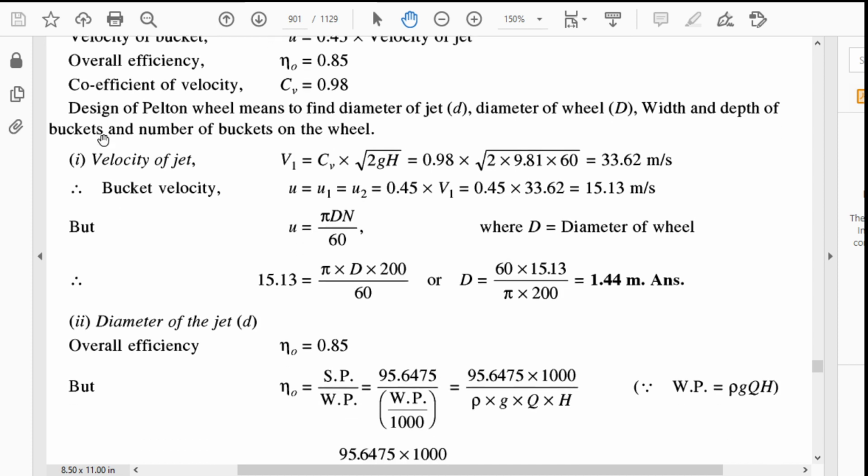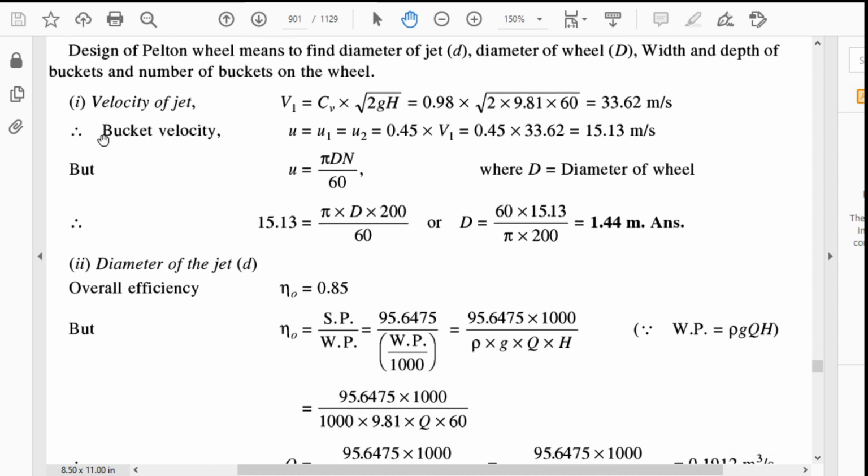This is the condition that they have given. So by using that condition, you can find u as 0.45 into v1, 0.45 into 33.62 meters per second, which is 15.13 meters per second as the bucket velocity.